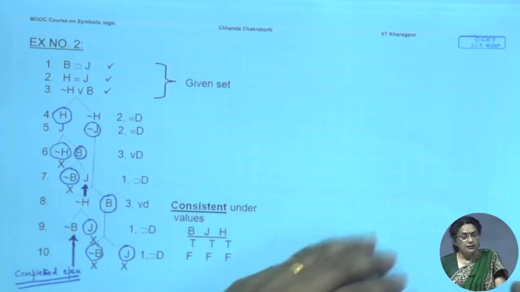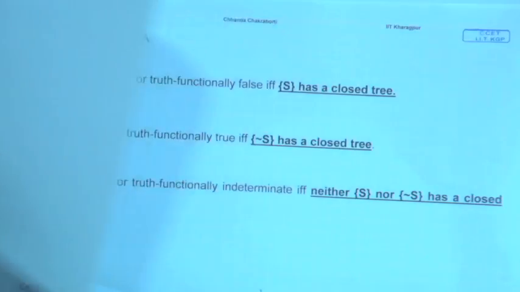Let us move on to the next task, which is whether we can categorize, given a statement, whether we can categorize it as tautology, contradiction or contingent. Now, in truth table, what you did is to look into the final truth table and see what kind of truth values are shown there.